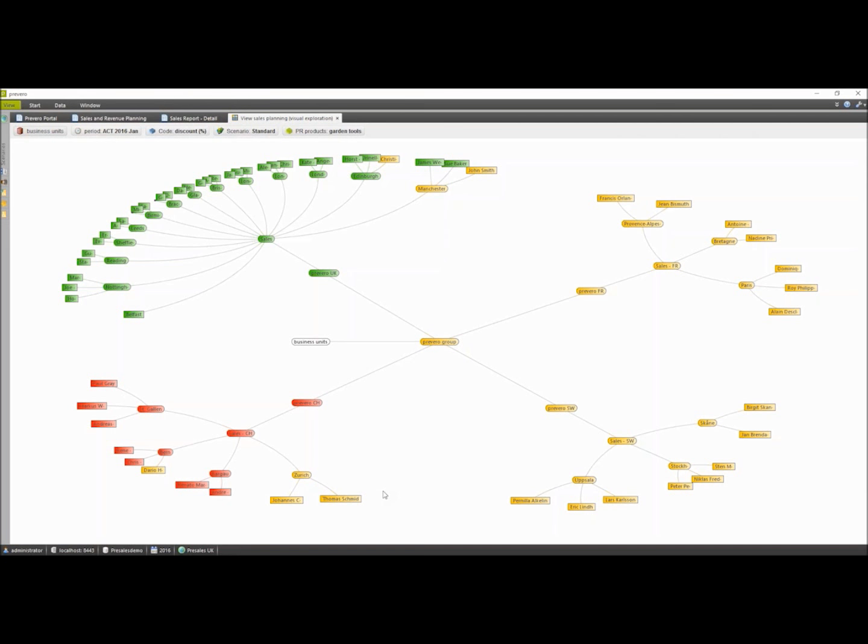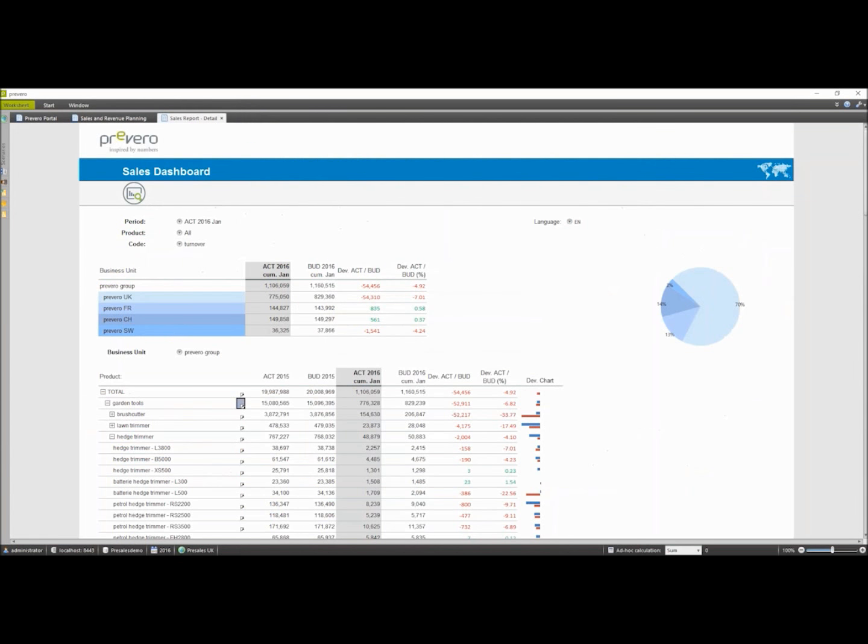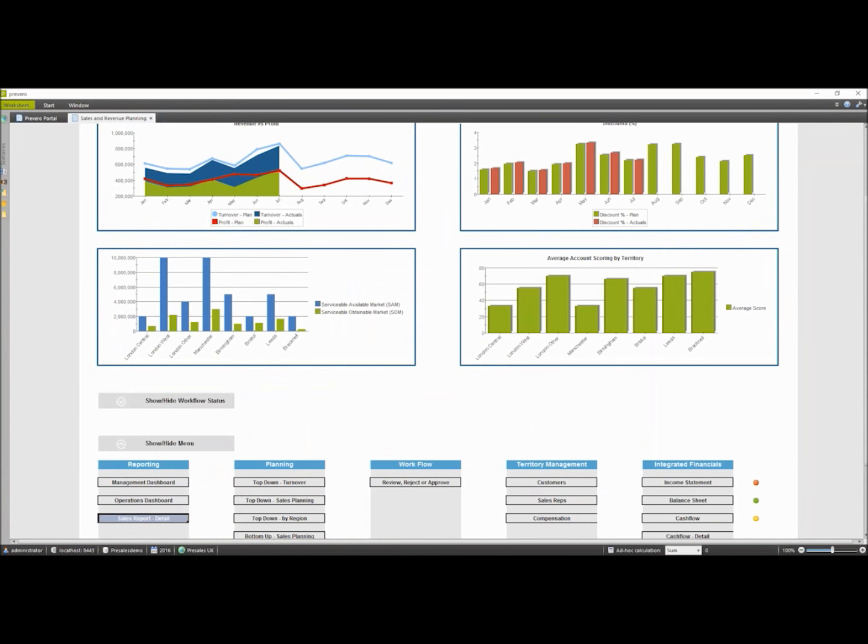So it's just another way of being able to interact with our data and understand those key trends, and not have to look really hard at finding them, because the last thing we want is to have a great system where we bring all our data together and have one version of the truth, but then spend quite a long time trying to find the issues. So with this type of reporting, this type of visualization in Prevero, we're helping you identify those particular trends, and in this case, particular problems.